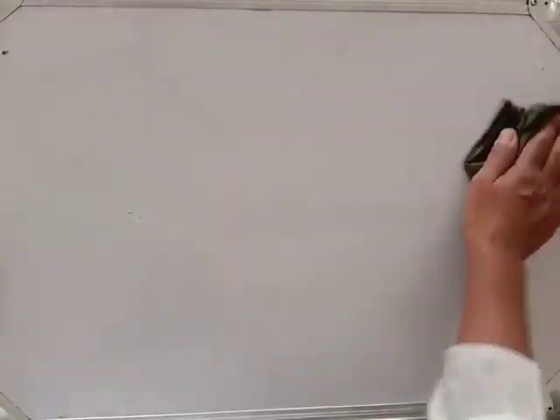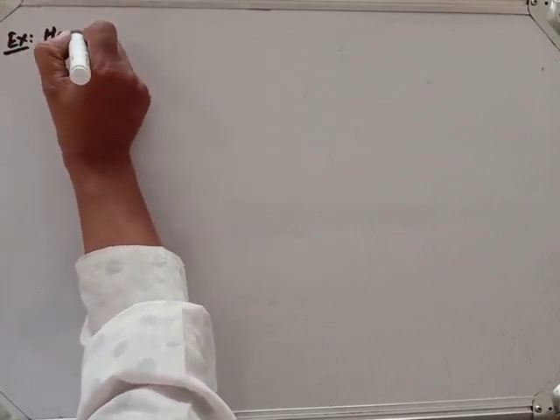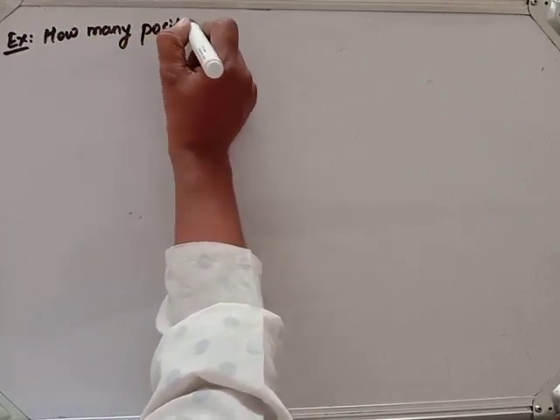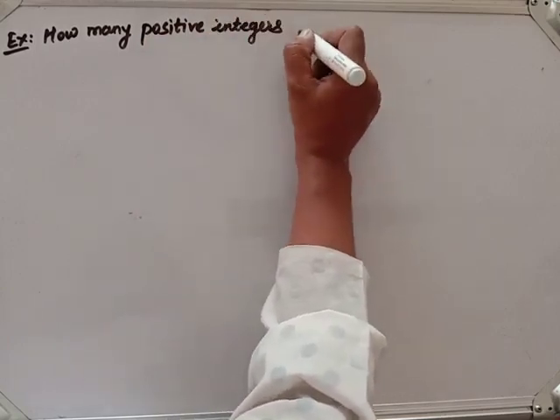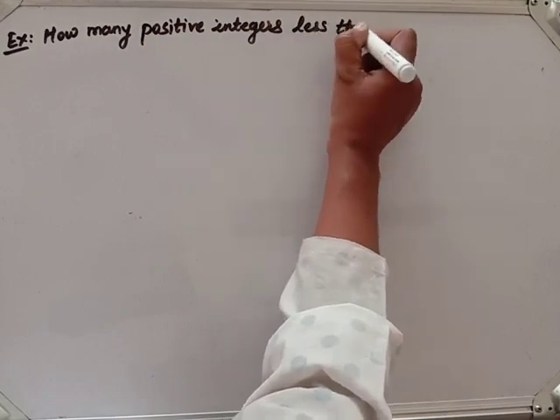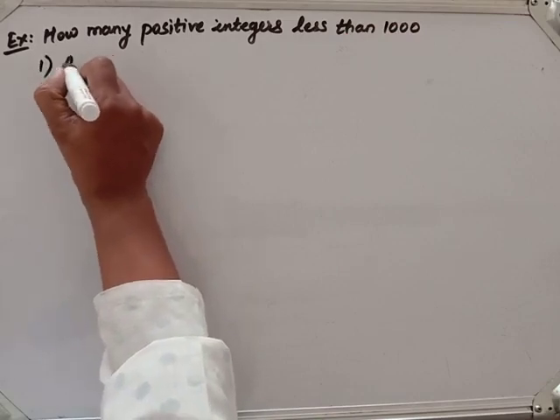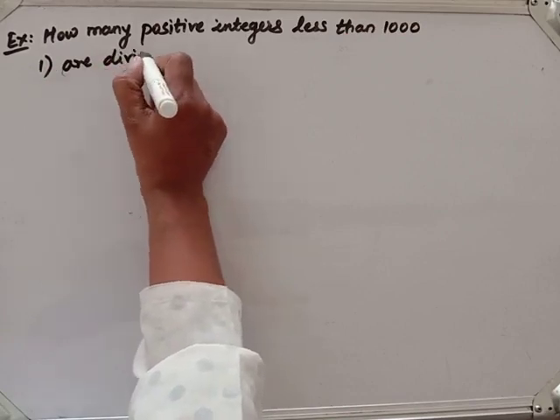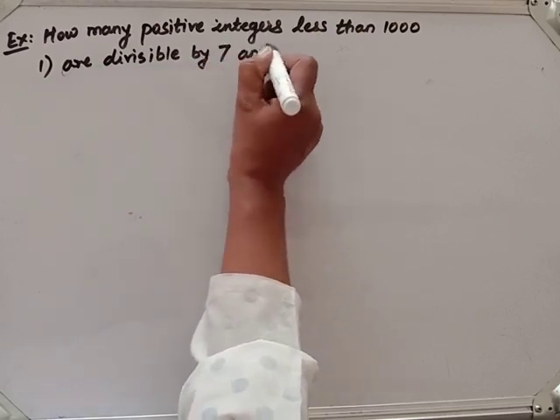Now let us take the next example: how many positive integers less than 1000 first are divisible by 7 and 11.